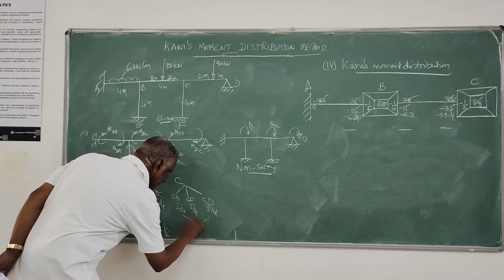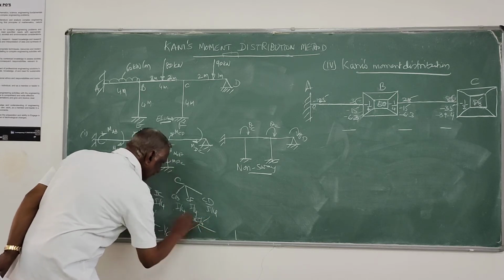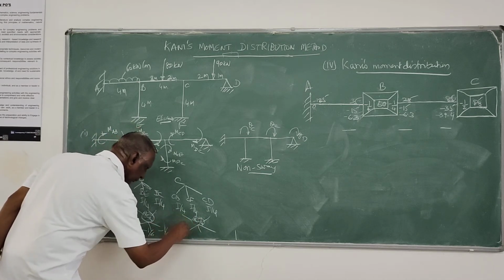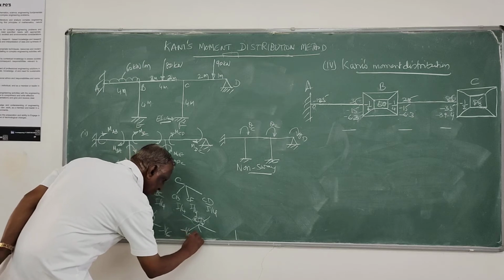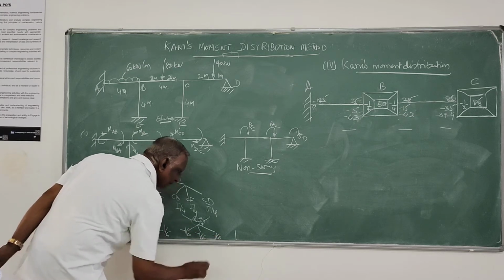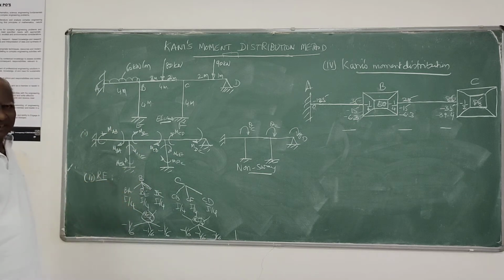So the sum is 3I by 4 and rotation factor is I by 4 by 3I by 4 into minus half, it is minus 1 by 6, minus 1 by 6, minus 1 by 6. Luckily we got all simple calculation.